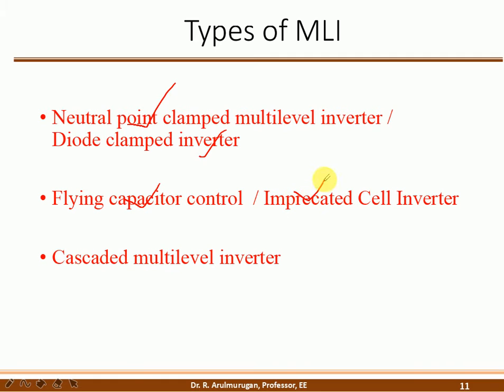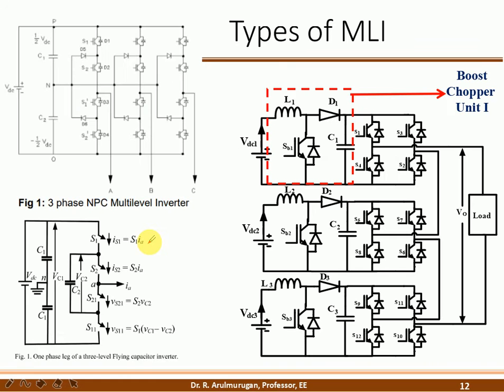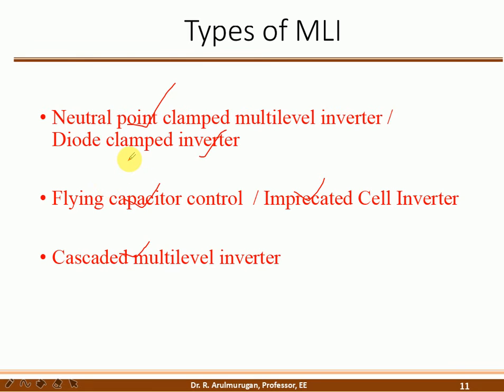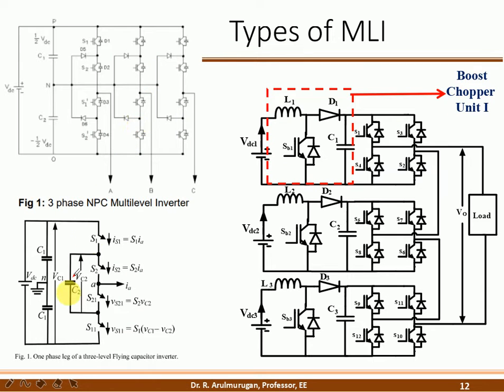For these two, the voltage resistance problem is coming. The third one is the cascade multi-level inverter. Okay, these are the 3 diagrams. First one is the diode clamped or neutral point clamped multi-level inverter, another one is the flying capacitor, and this is the cascade multi-level.